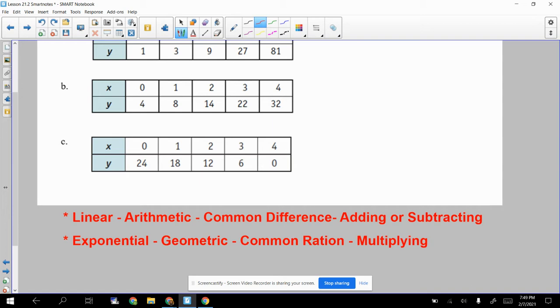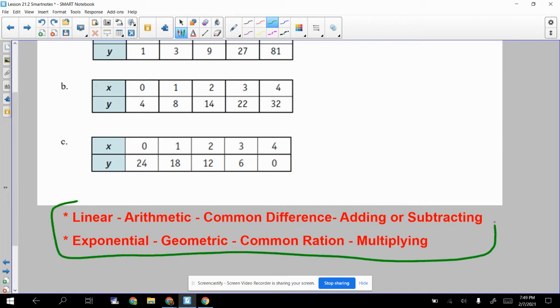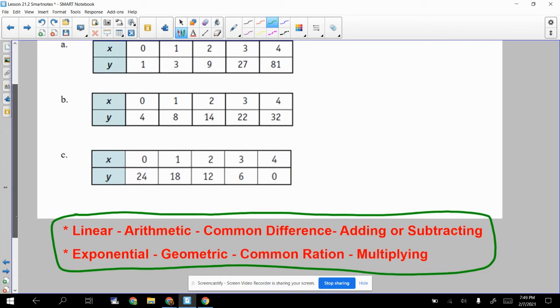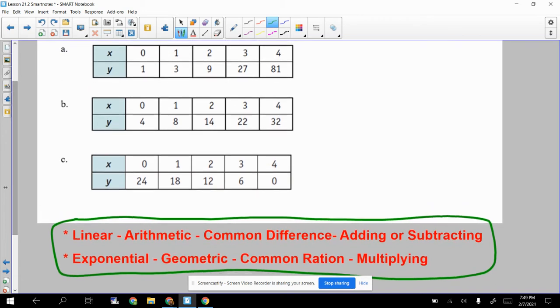Okay, so I would definitely make sure you have this written down somewhere. That is super important to kind of relate it back to our last unit. Okay, so looking at part A, again, our x values just go 0, 1, 2, 3, 4. So those are just going up by 1 each time.